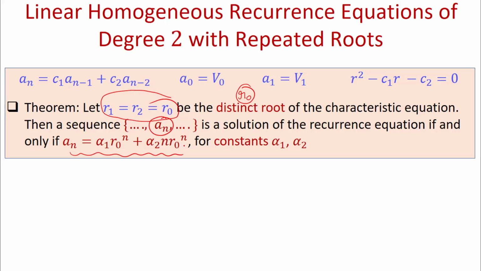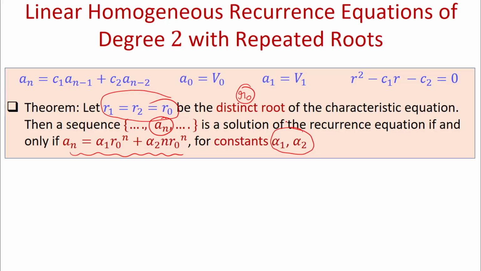Now again, this is the general form of any sequence satisfying the recurrence condition, and there could be an infinite number of such sequences. So right now I am not utilizing the initial conditions. If you want to find the exact sequence satisfying the recurrence condition as well as the initial conditions, then you have to find the exact constants, which you can obtain by utilizing the initial conditions if they are given to you.